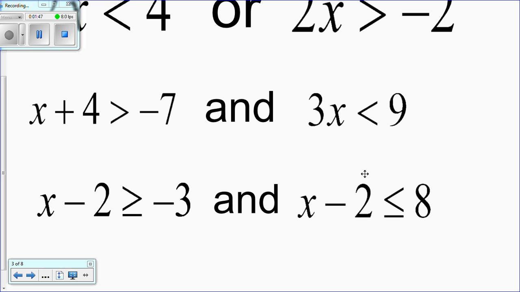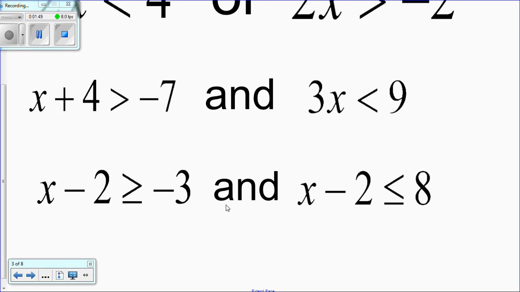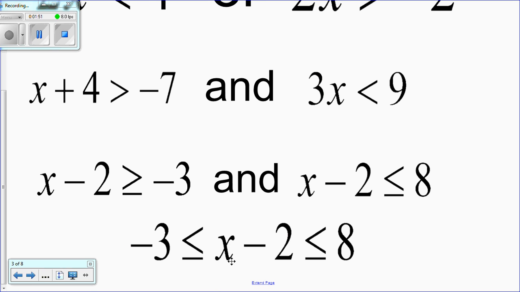When that happens, you can write it with the word and, or you could write it like this, the other option, where you merge them into one big thing. All it says is that x minus 2 is bigger than or equal to negative 3, which is what this side says, but it also has to be smaller than or equal to 8, which is what this one says.